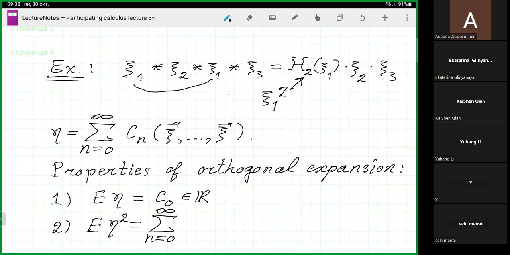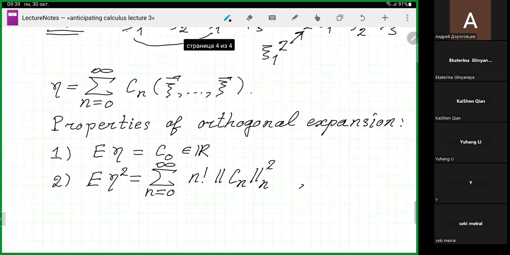We collect, as we discussed, the products of Hermite polynomials of fixed degree n in every summand. So under different n, these collections are orthogonal. Yeah. So here we have n factorial, and here we have the norm of Cn square. Let me write it, and then I will explain.